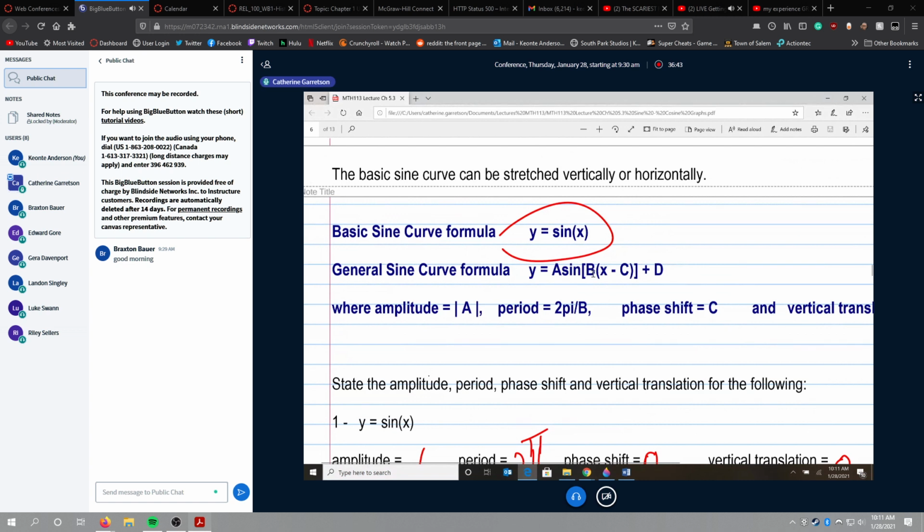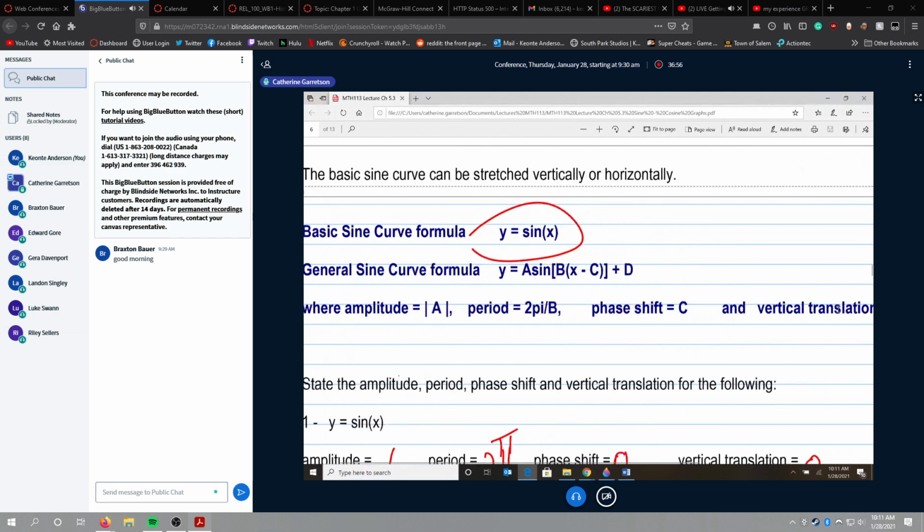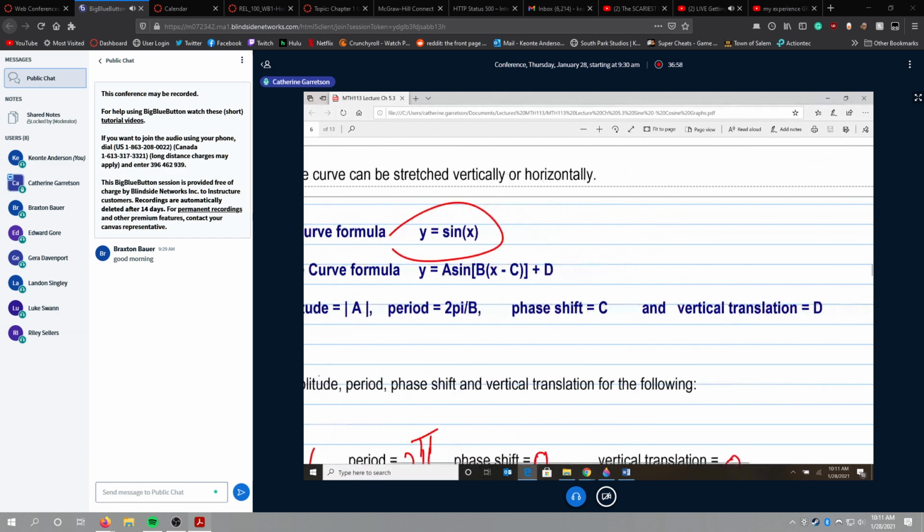If it's a number multiplied to the X on the inside, that changes your period. And D is if I add a number to the outside, that's a vertical translation. It's going to shift the graph up. And if I add or subtract a number C on the inside, it affects the phase shift of the graph.